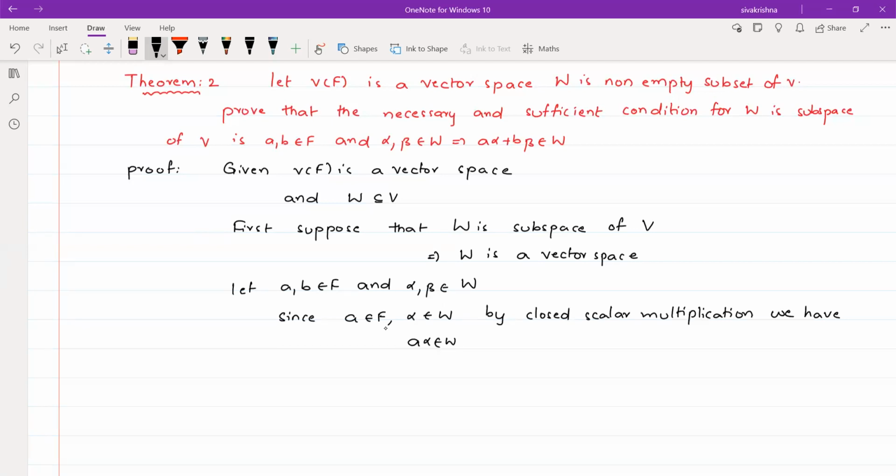So whenever we have an element from the scalar field and from the vector space set, the product of those two elements should also belong to the vector space set. Okay, so here a belongs to F, that is the scalar field set, and alpha belongs to W, that is our vector space. So now the product of those two elements should also belong to W. So this is by the definition of vector space. We are writing a alpha belongs to W with the help of the vector space definition.